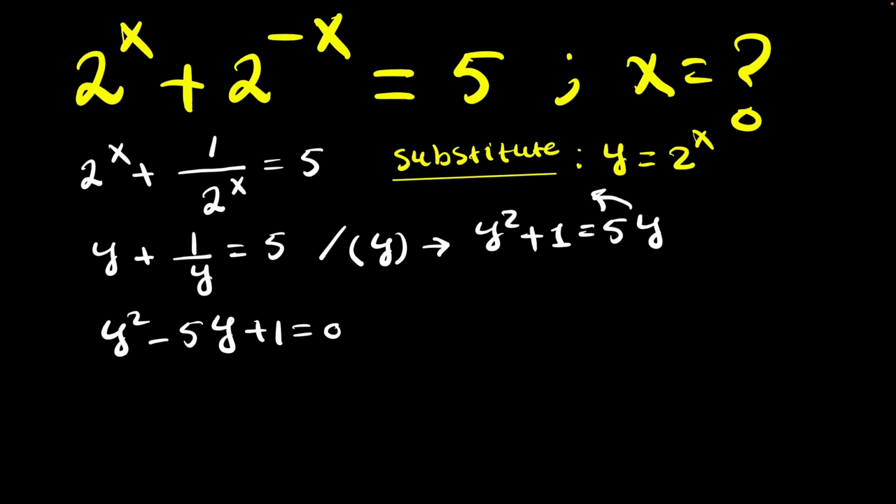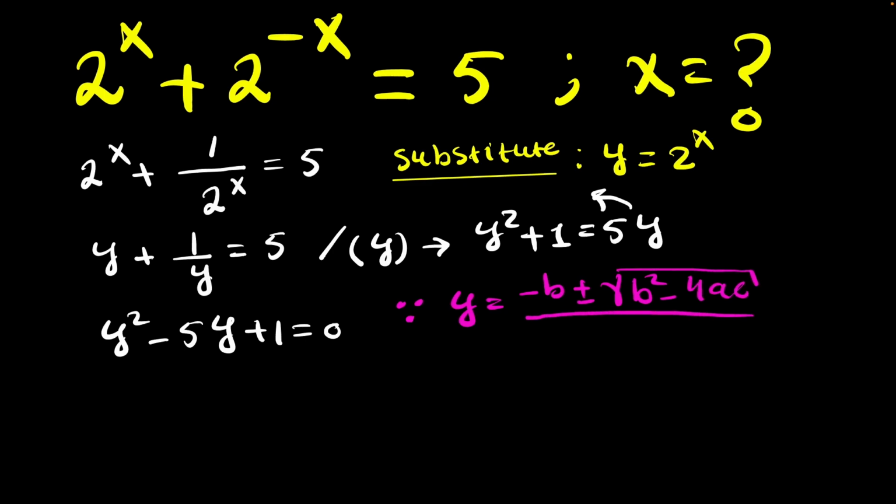In order to solve the quadratic equation, I'm going to use this formula, which is y is equal to negative b plus or minus the square root of b squared minus 4ac, over 2a.